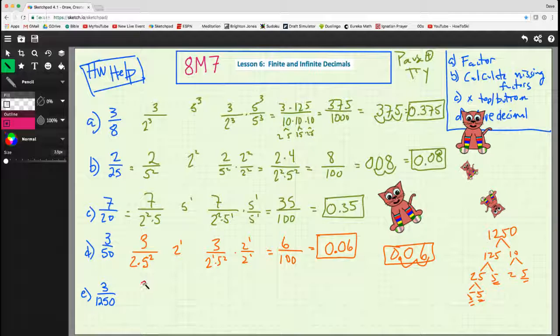So here we go, 3 over 2 to the first times 5 to the fourth. So here we're missing 3 2's. So we're missing 3 2's, and that will give us 4 5's and 4 2's. So let's take our 3 times 2 to the first times 5 to the fourth and multiply top and bottom by 2 cubed.